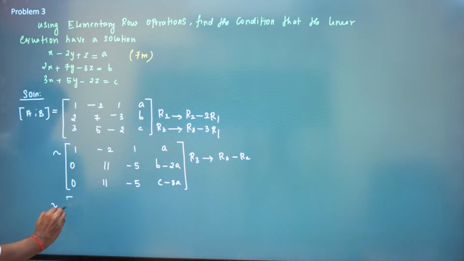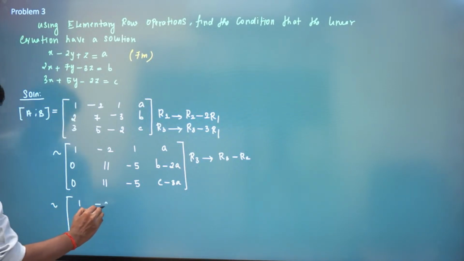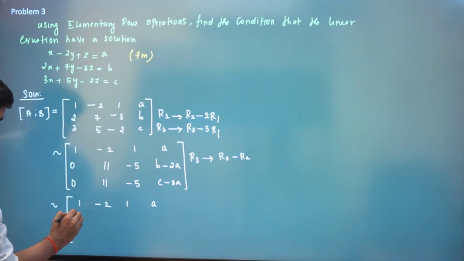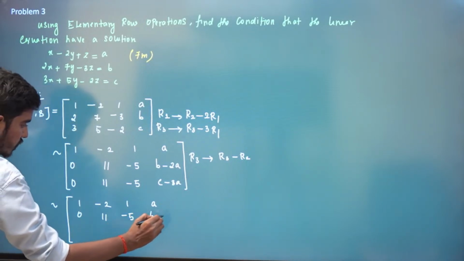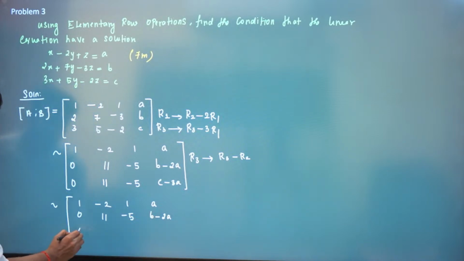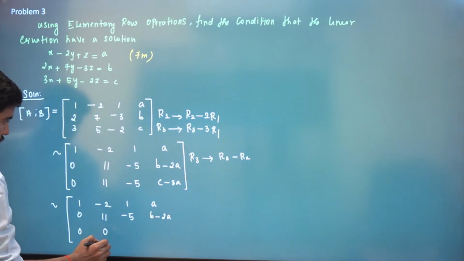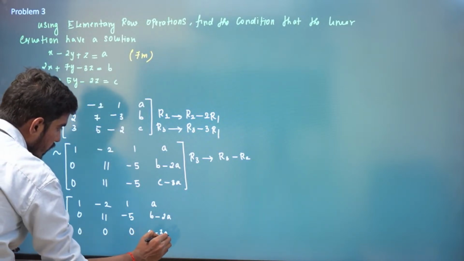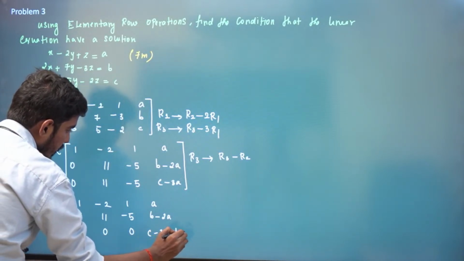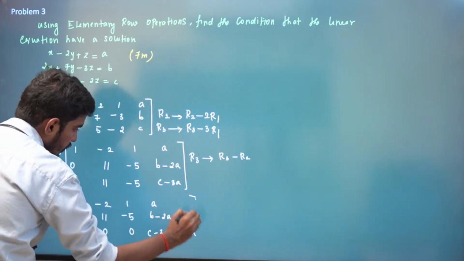So this is equivalent to 1, minus 2, 1, a; 0, 11, minus 5, b minus 2a; and 0, 0, 0, c minus 3a minus b plus 2a.